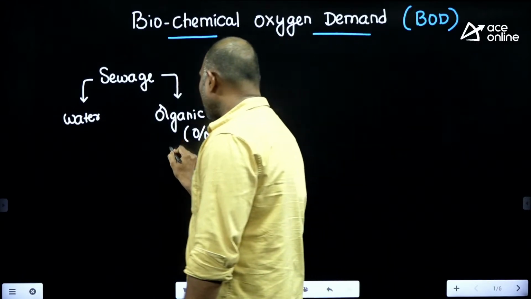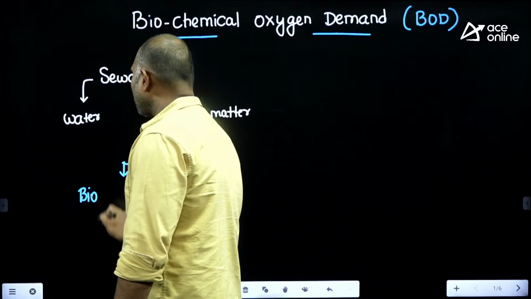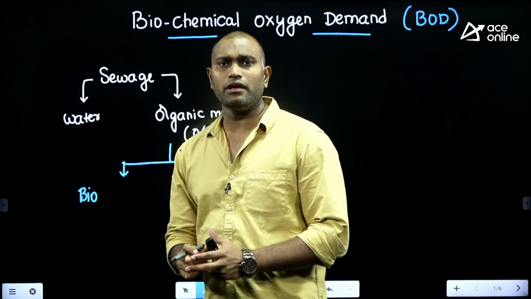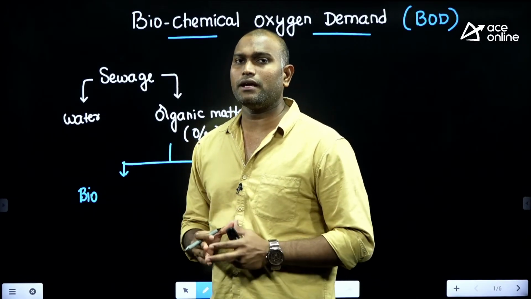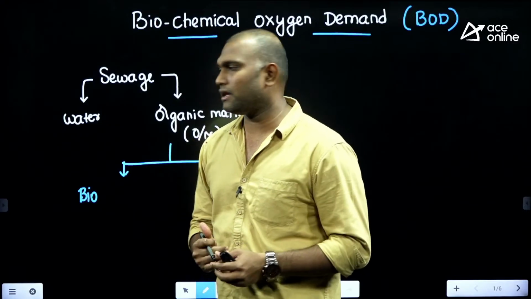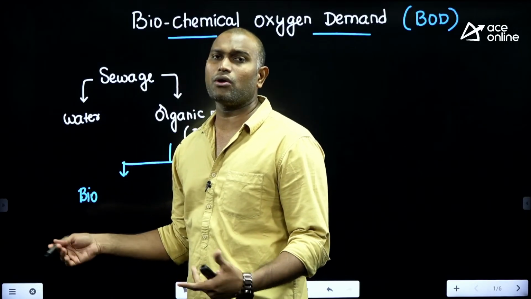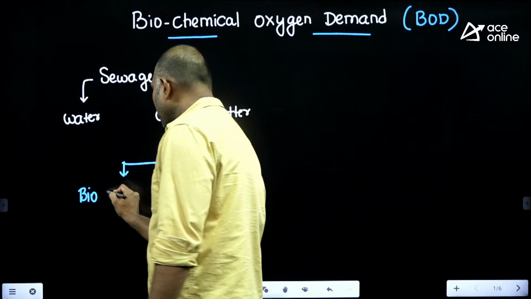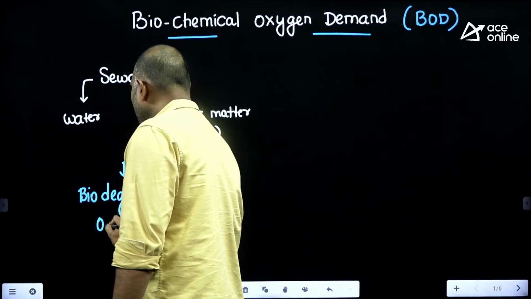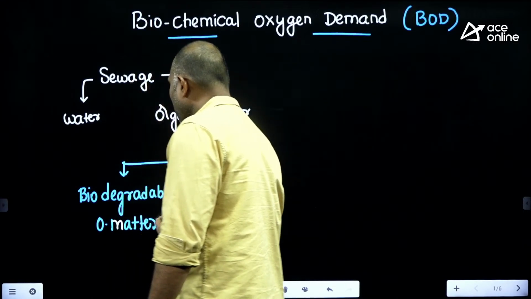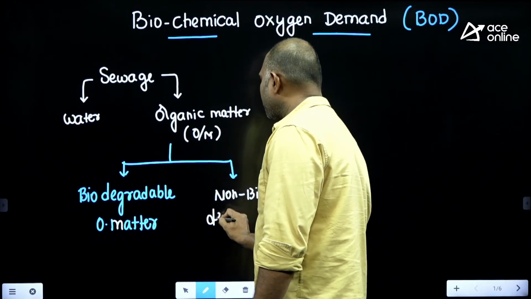In that organic matter, there are certain types which are going to be degraded by bacteria, which I also call microorganisms. Bio means life. So there is biodegradable organic matter and non-biodegradable organic matter.